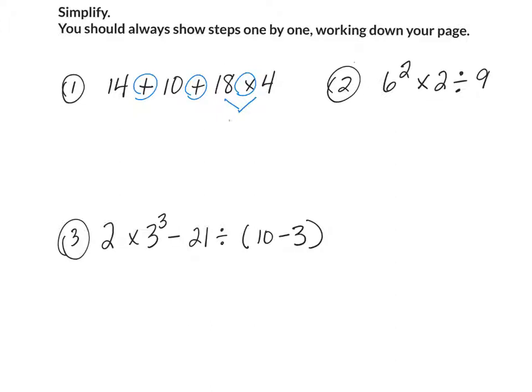Because 18 times 4 is 72, I rewrite 18 times 4 as 72, and I simply bring down and recopy, yes, recopy, the operations I have not simplified yet. Let's just take a moment and neaten this up a little bit so that we know exactly what we're dealing with. 14 plus 10 plus 72.